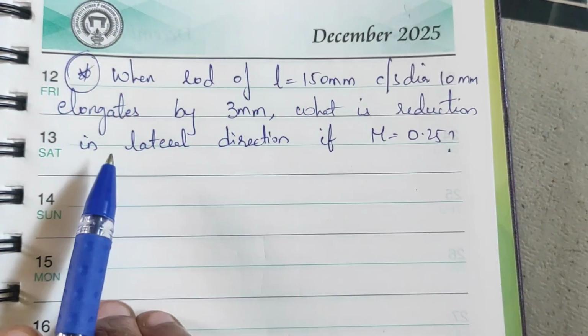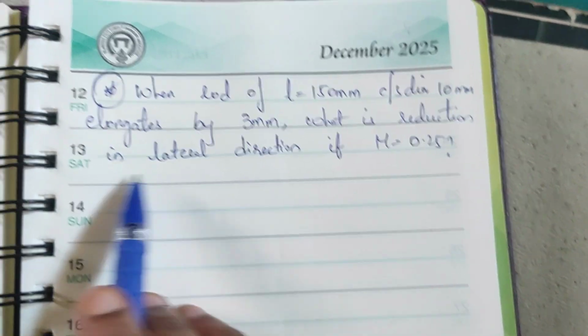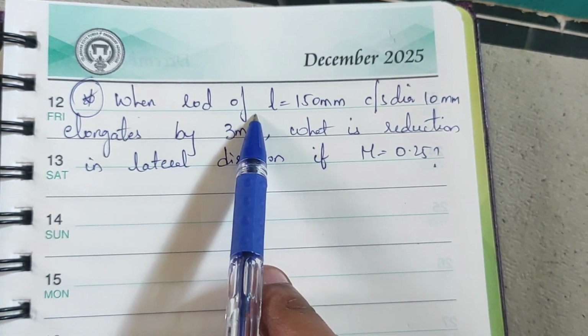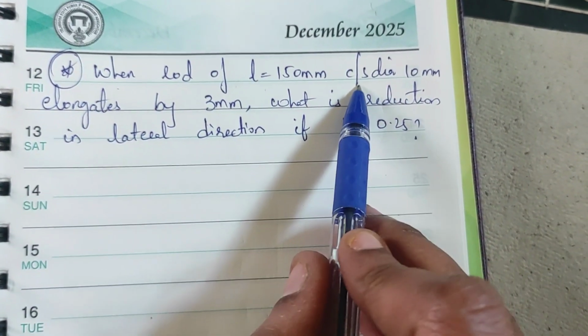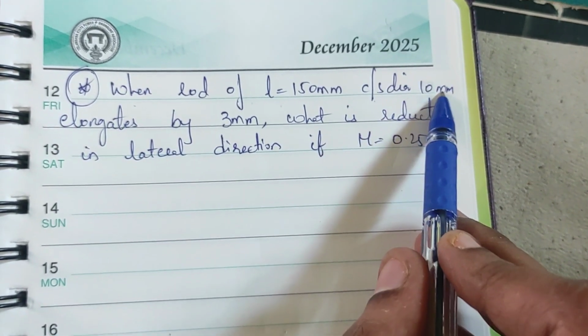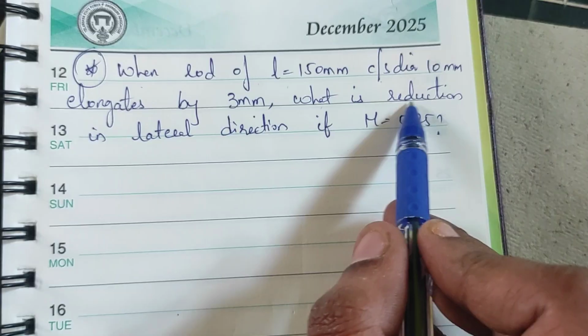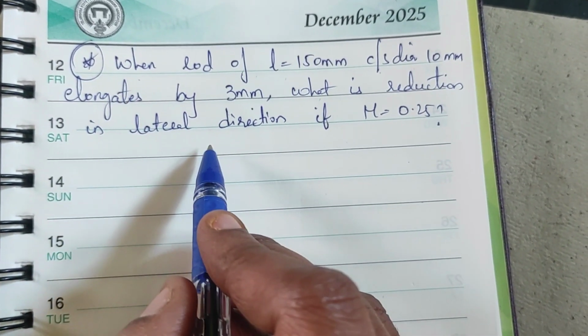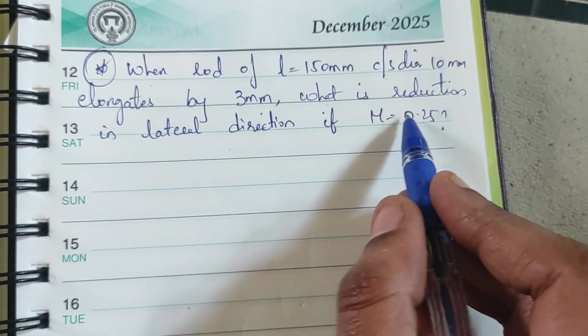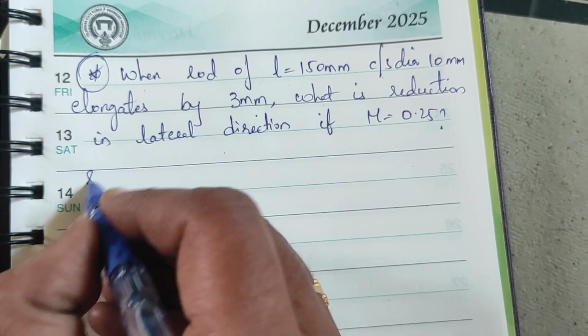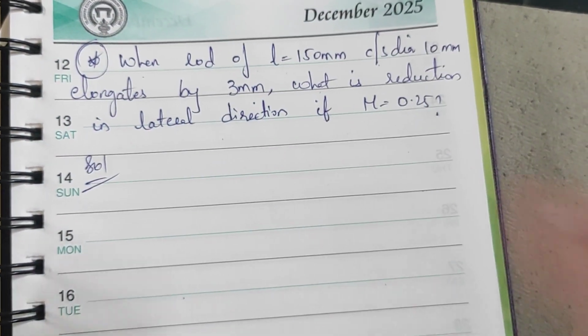Now let us take one problem related to this. When a rod of length 150 mm and cross section of diameter 10 mm elongates by 3 mm, what is the reduction in lateral direction if mu is equals to 0.25? First we have to write the given data.